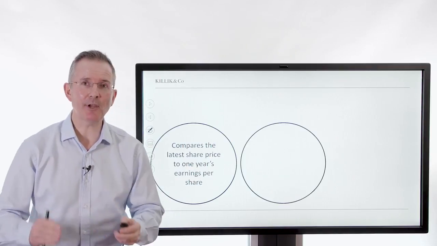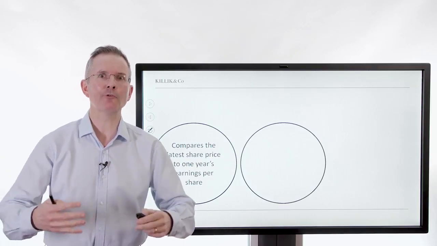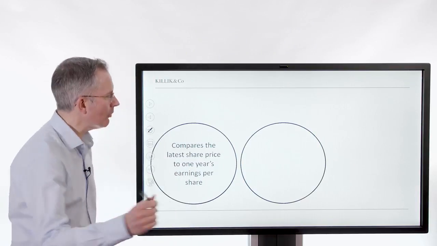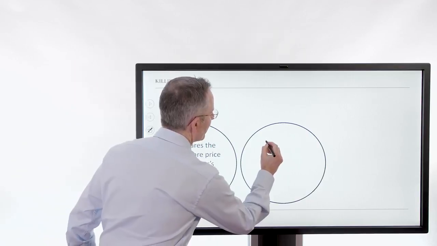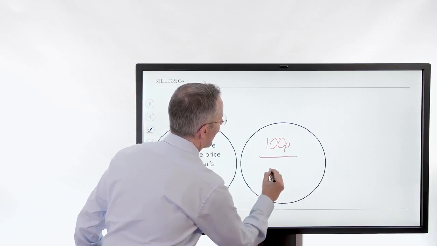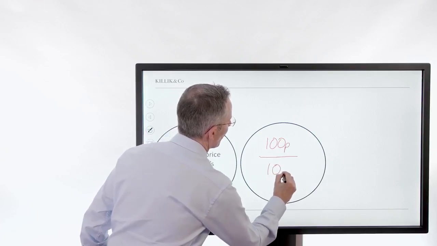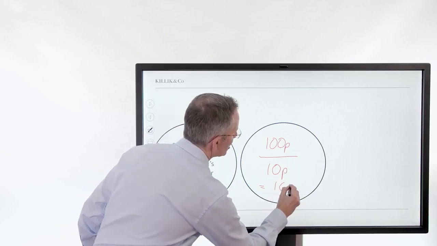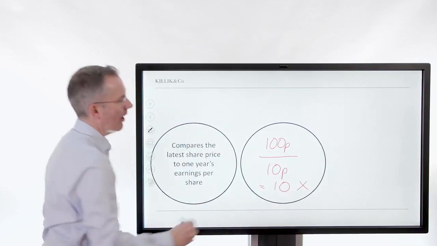Now that earnings figure can be historic or consensus forecast, which tends to be more commonly used because investors are looking forward. So if we had, let's say, a share price of 100 pence, very simple example coming up, and the consensus forward earnings per share figure was 10p, that would give you a PE ratio of 10 times.